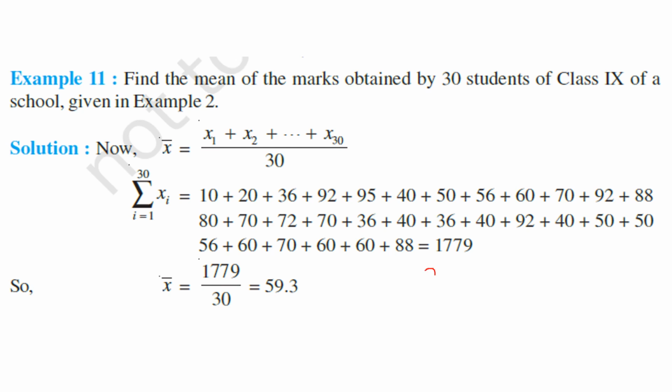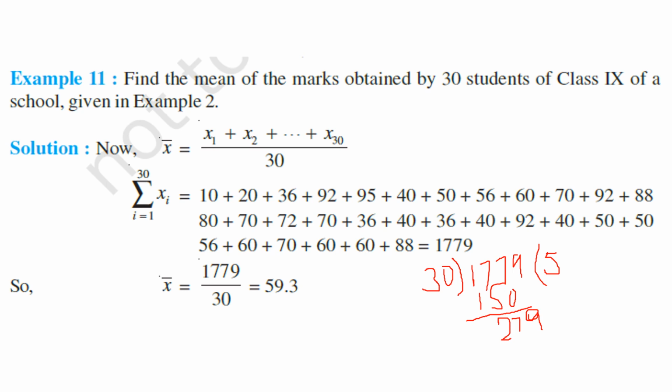Okay, my children, let us see how to get 59.3. So let us divide 1779 by 30. See how many times? Yes, 5 times, 150. Now subtract, what will you get? 7. Here we get 2. So 27. Now let us carry down this number here, 9.